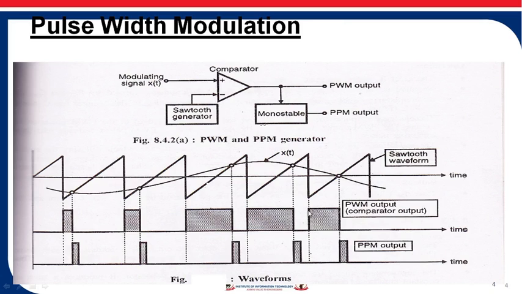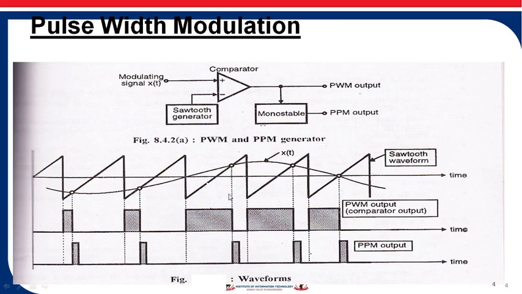The waveform we get at the output of the comparator is the pulse width modulated waveform. From this waveform you can observe that the width of the pulses is variable. The information is contained in the width variation, meaning the amplitude of the modulating signal gets converted into width variation.